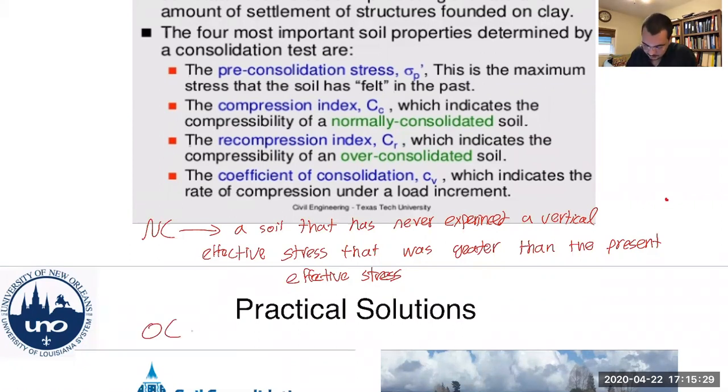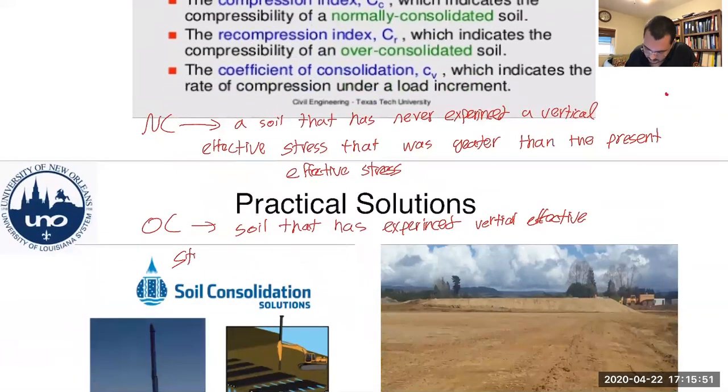OC soils, or over consolidated soils, are soils that have experienced a vertical effective stress higher than the present. I may have touched on this last time.